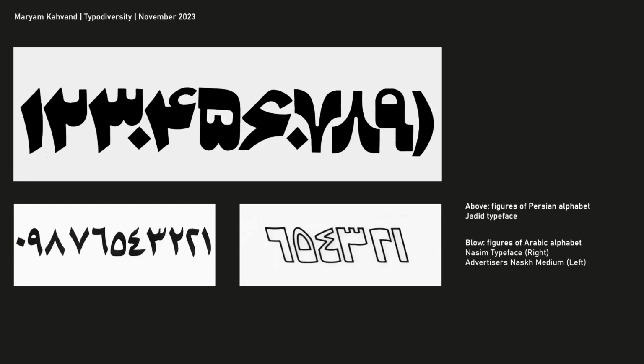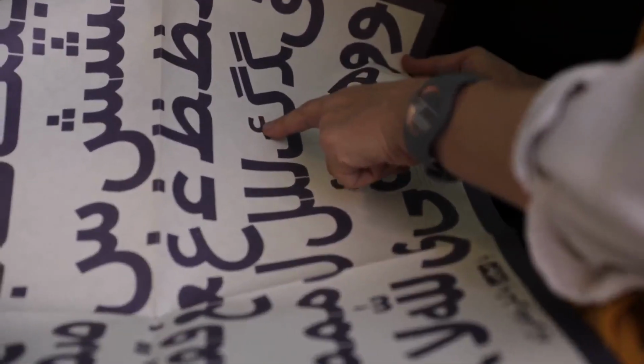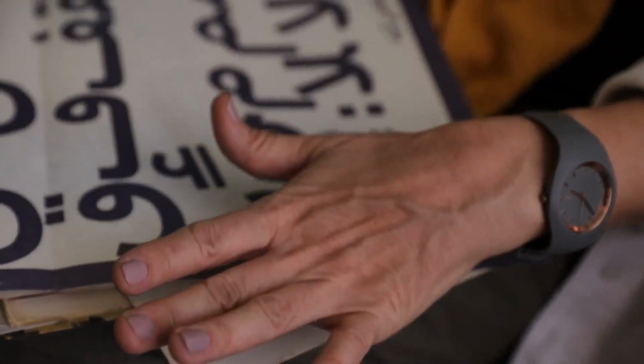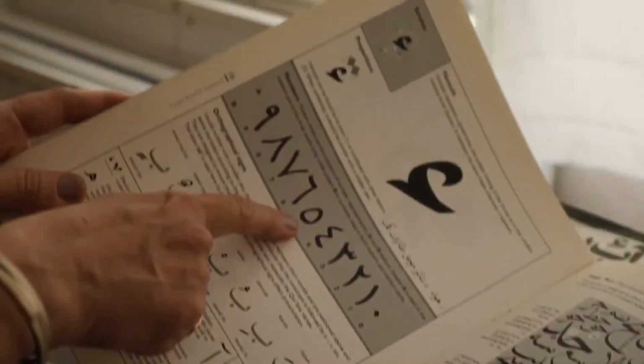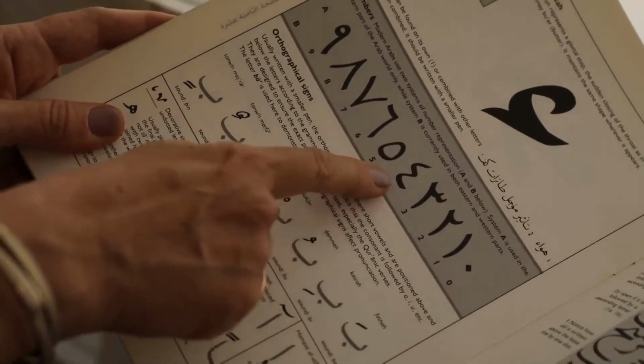For example, there are letters in the Persian alphabet that are not the same in Arabic. So the alphabets of these two languages, Persian and Arabic, are not the same, and the way of writing includes some noticeable differences. Also, the written form of some numbers such as 0, 4, 5, and 6 in Persian and Arabic have certain differences.